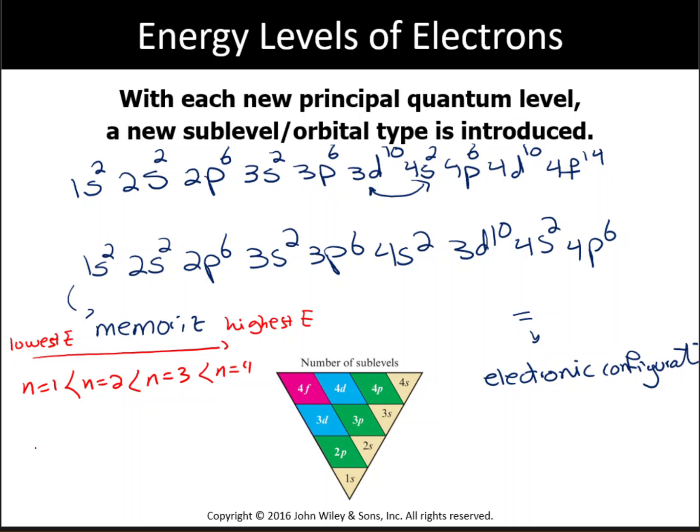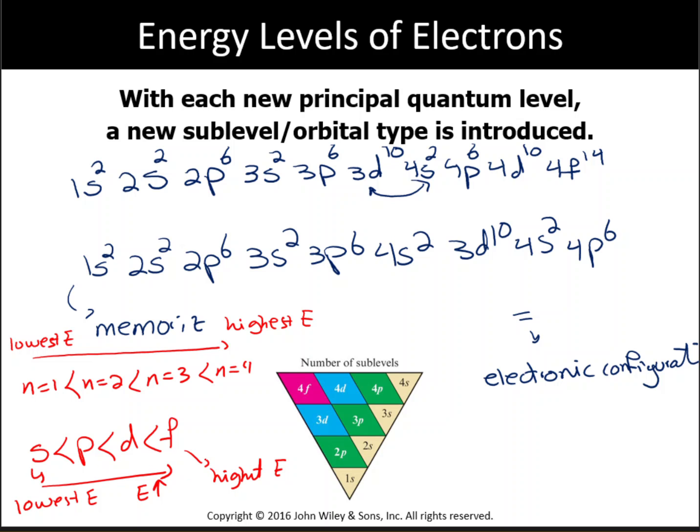Now, in terms of the sublevels, S has lower energy than P, D, and F. Again, this is the lowest energy, and this has the highest energy, or the energy increases. It's important to know the energies and to rank these orbitals based on their energies.